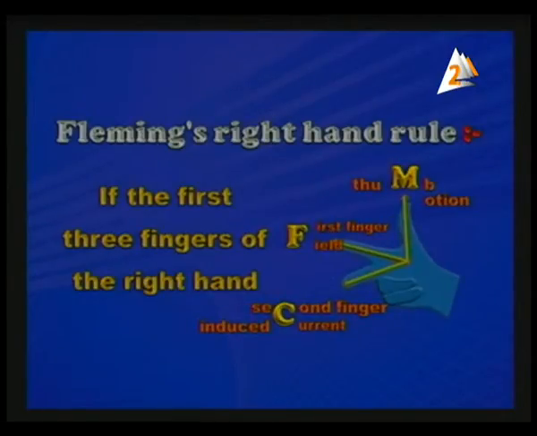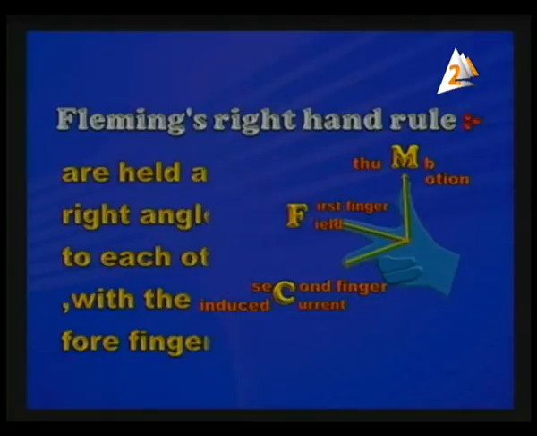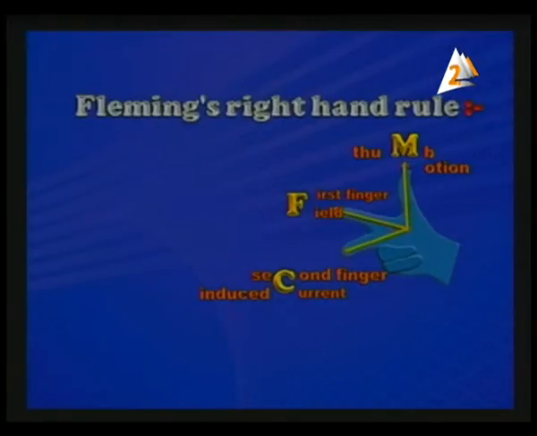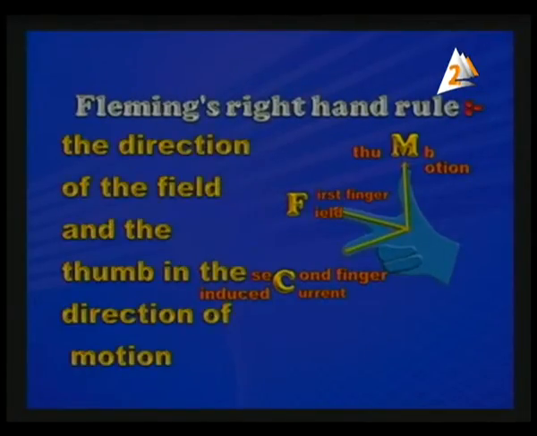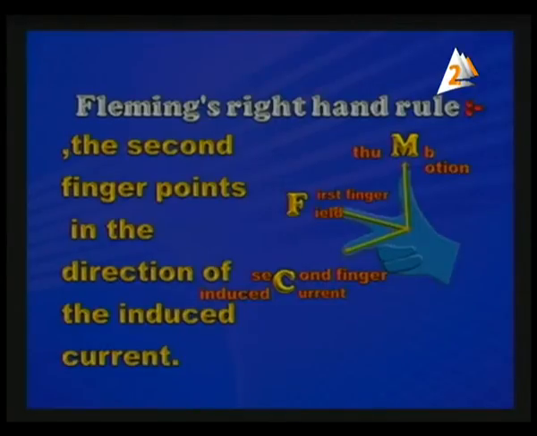If the first three fingers of the right hand are held mutually perpendicular, at right angles to each other, with the forefinger pointing in the direction of the field and the thumb in the direction of motion, the second finger will give the direction of the induced current.